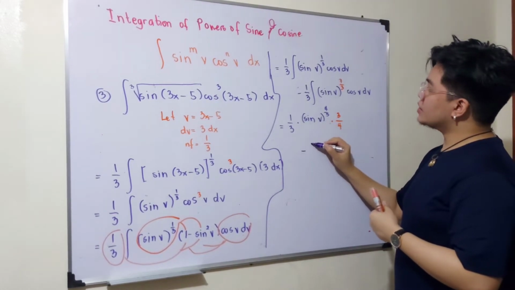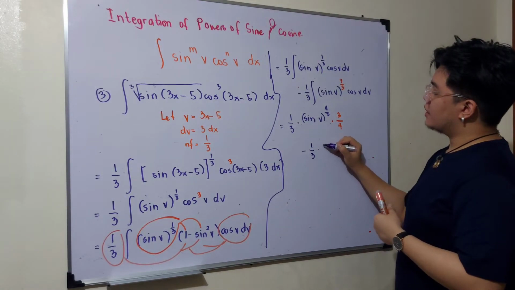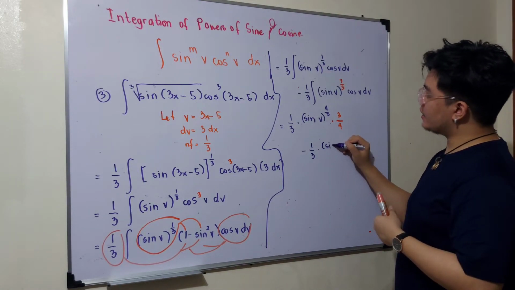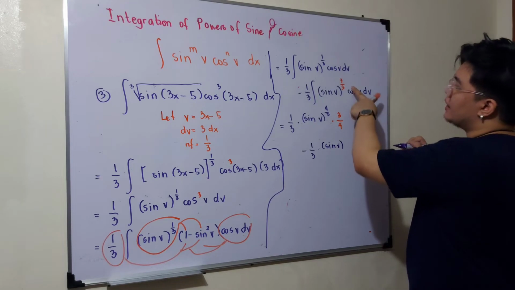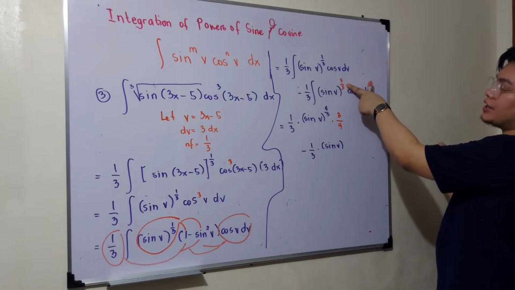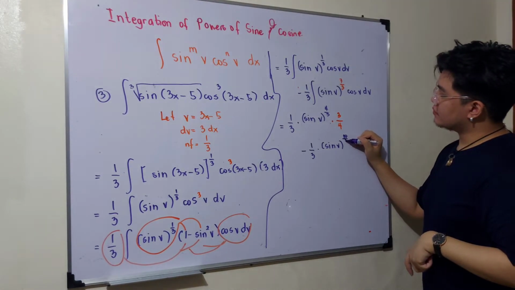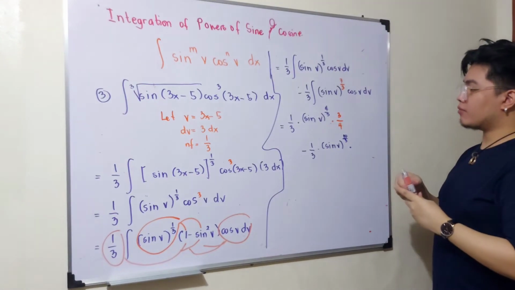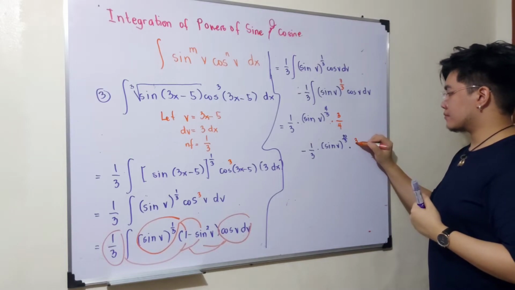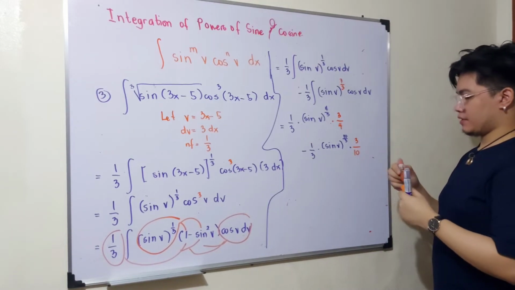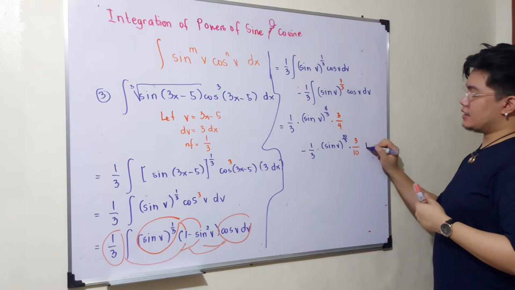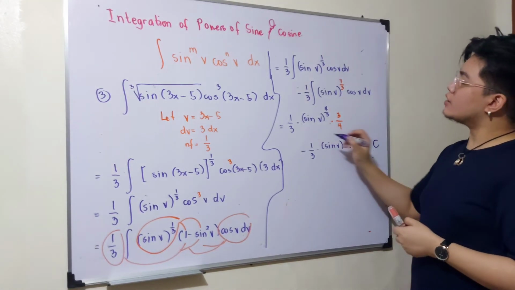And then minus 1/3 times sine V. Tapos we have here 10/3 times 3/10 plus C. Okay, so mag-cancel to.